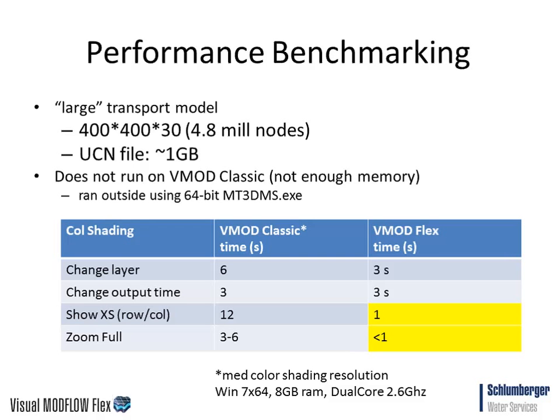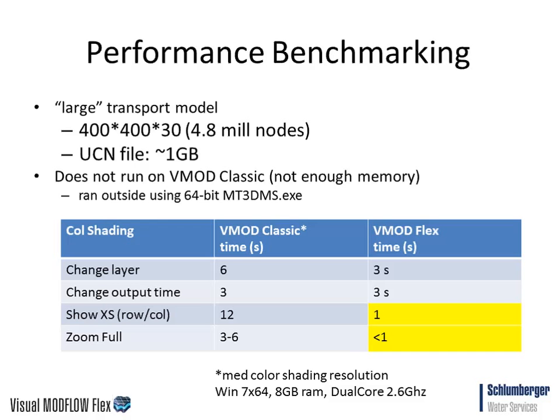The table at the bottom shows the different display options, showing color shading and contours of the resulting contaminant concentrations. You'll see that changing the layers in VMod Flex is roughly done in half the time. Changing the output time is done quite quickly as well. There's a significant improvement when you're showing contaminant concentrations along cross-sections, so a selected row or column. You'll see this can be done quite quickly in VMod Flex.